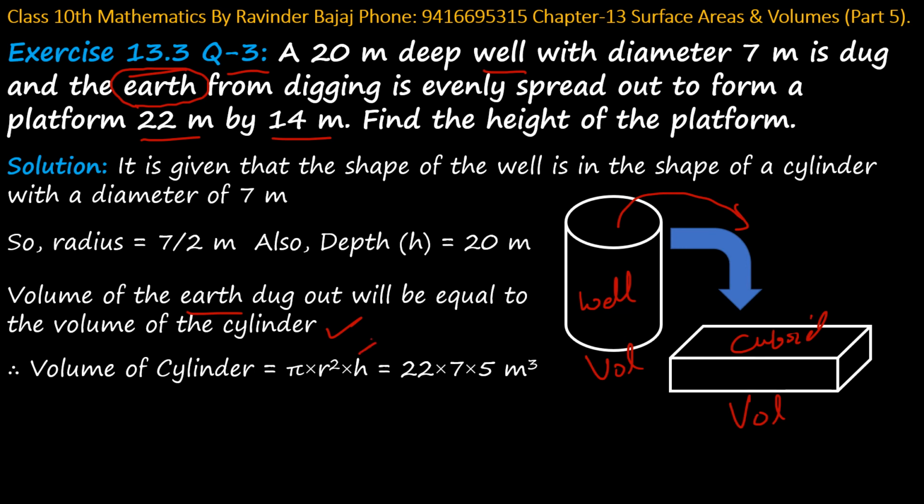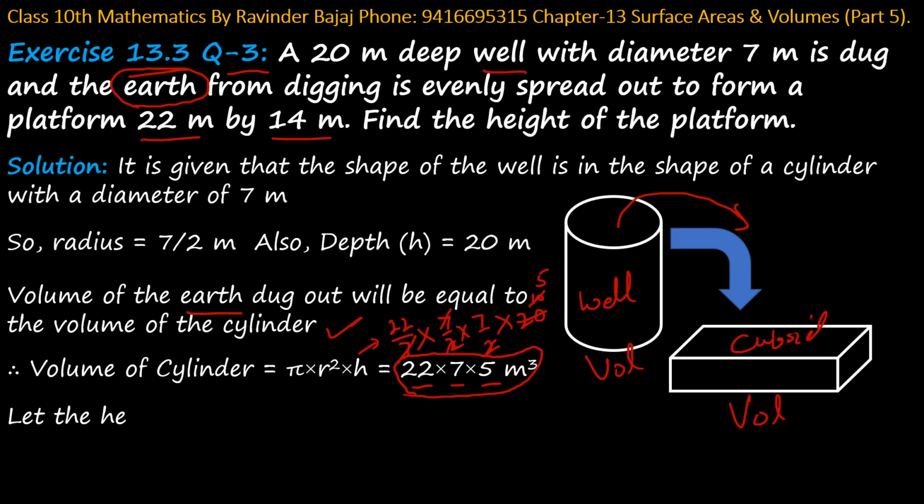Now put the values of all these things. 22 by 7 is the value of pi, into r square, 7 by 2 into 7 by 2, into h which is 20. Now 7 is cancelled with 7, and 2 tens are 20, and 2 fives are 10. So it is becoming 22 into 7 into 5. So this is our first equation that we will use.